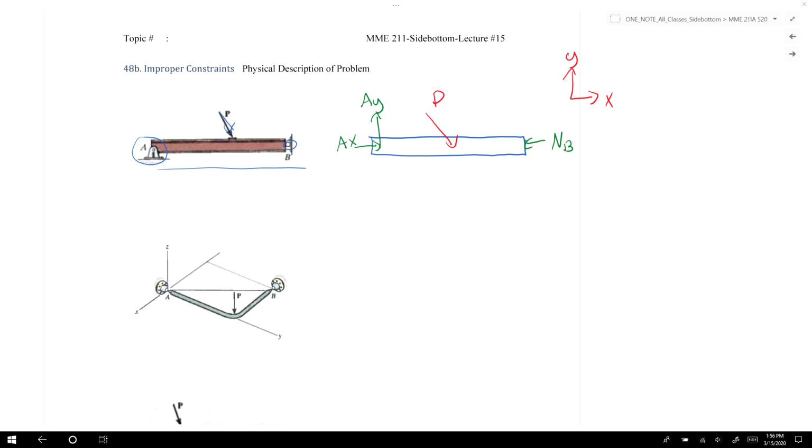The issue with this system is that if you sum the moments about point A, they would not equal 0, since P would create a moment, and N_B would be unable to create a moment.